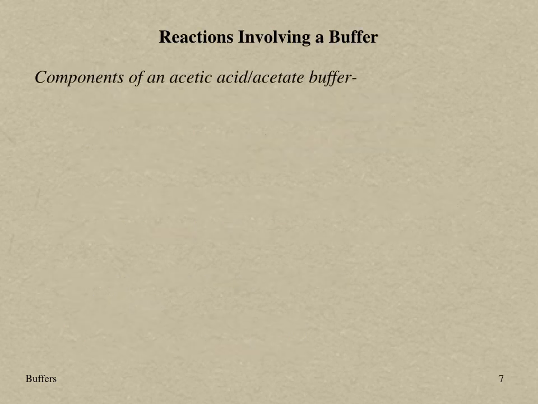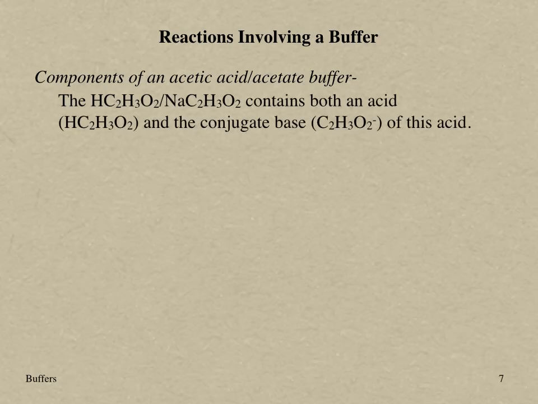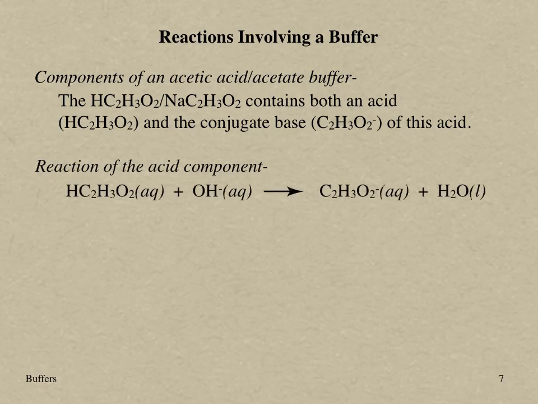Consider the acetic acid acetate buffer, which contains the weak acid acetic acid and the conjugate base acetate, which is contributed by the salt sodium acetate. If a base, such as sodium hydroxide, were added to this buffer, the hydroxide ion would react with the acid component of the buffer, which is acetic acid, to form acetate anion and water.